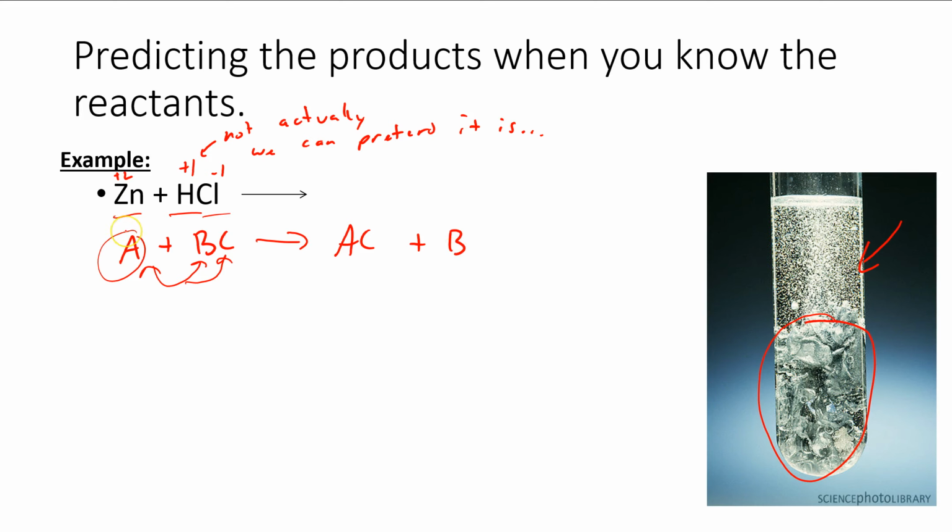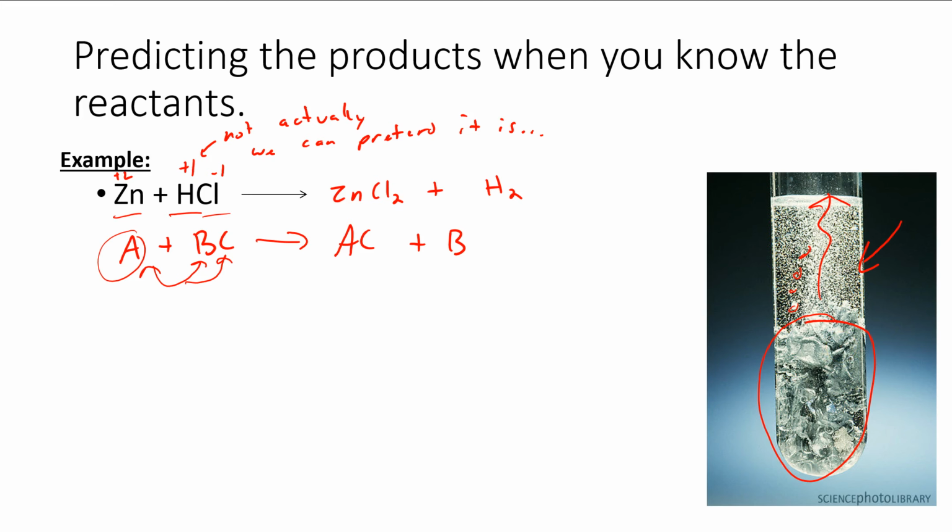So what I need to combine is zinc with chlorine. I'm going to get ZnCl2, and I'm going to form hydrogen gas. The hydrogen gas makes sense because those are the little bubbles we see coming up out of that solution. Zinc chloride is what's forming when zinc combines with chlorine.